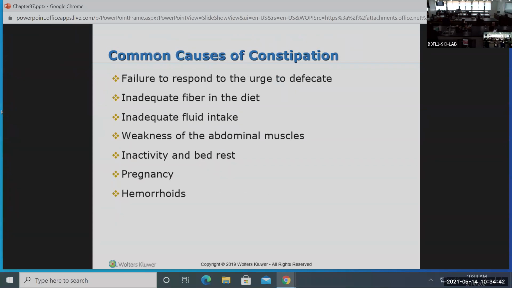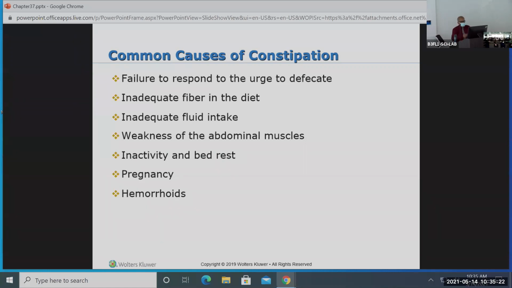Now, causes of constipation. Failure to respond to the urge to defecate. Very common. Number two, inadequate fiber in the diet. If you folks remember, I said earlier, we should encourage fiber in the diet. Maybe due to fluid intake, not enough fluid.